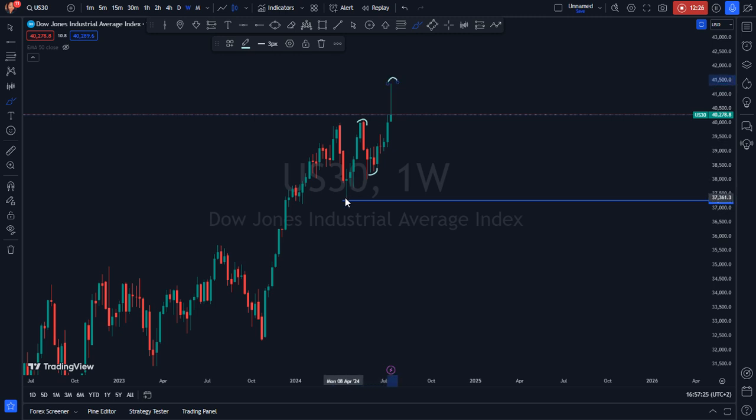Which means we have to know that this was an impulsive move, and then this was the correction move, and then this was an impulsive move, a continuation impulsive. So we are still waiting for a certain continuation to go up.